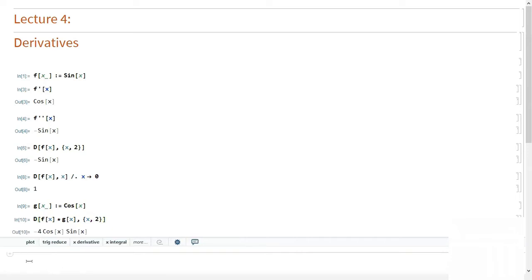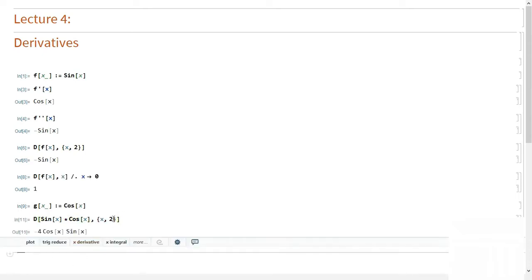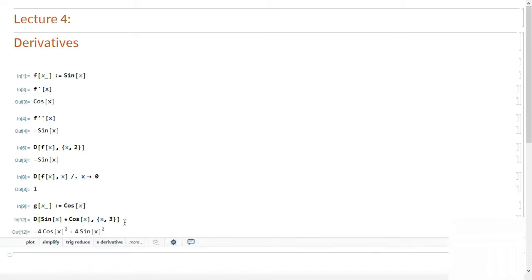Note that instead of declaring functions, I could write sine and cosine over here. That is, instead of f of x, just type sine, and instead of g of x, just type cosine, and you run it, the result is the same. You can also take the third derivative and so on.